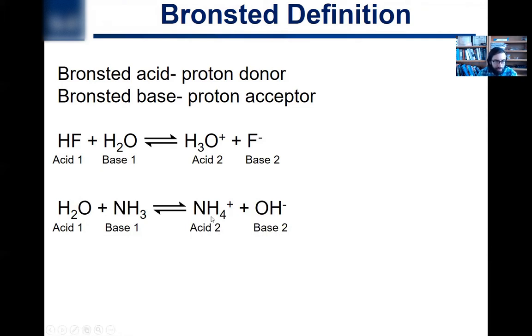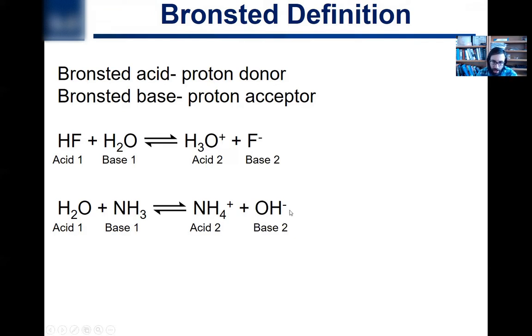Here's another example, this time where water is acting as an acid, but we have a base, ammonia. Why is water acting as an acid? Because it's going to be a proton donor. It donates a proton to the base, ammonia, which is a proton acceptor, to make ammonium ion, and that is the acid.